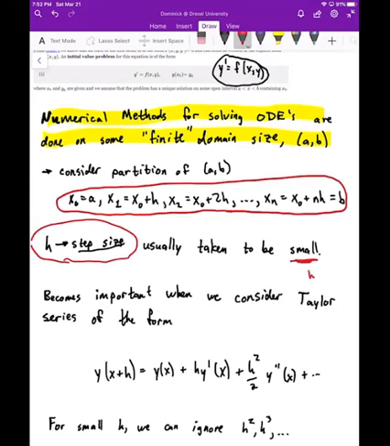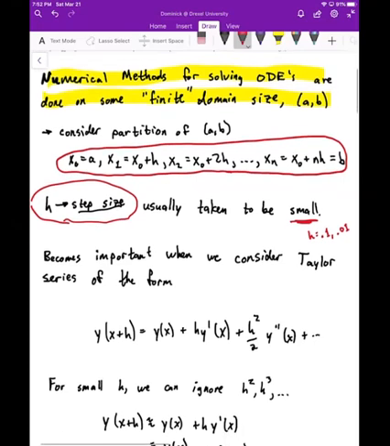So common values might be 0.1 or 0.01 or something like that. And then depending on how much you want to balance using energy to compute things, the smaller you make your step size, the more calculations you're going to have to make. So there's a balancing act there.